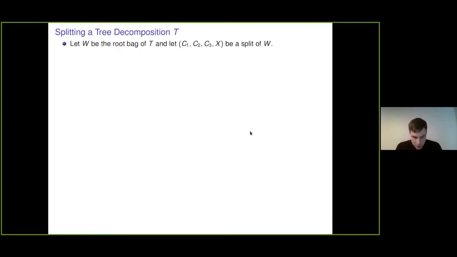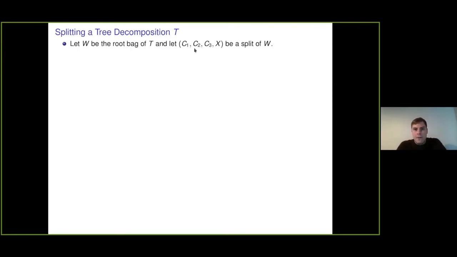Okay. Now let's do the splitting more globally on the tree decomposition. Let's consider the bag W as the root bag of the tree decomposition; I think it's simplest to think of it as a root.